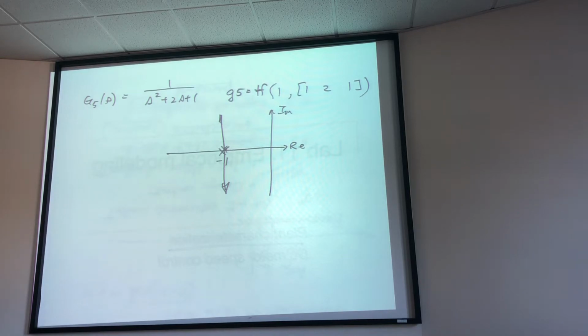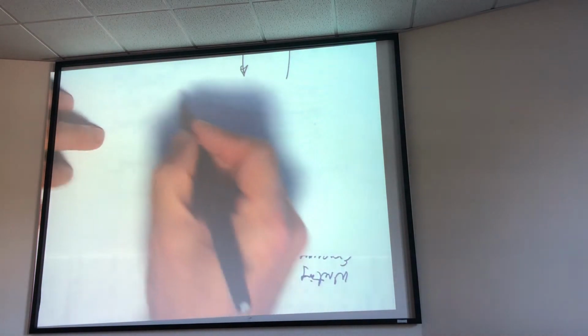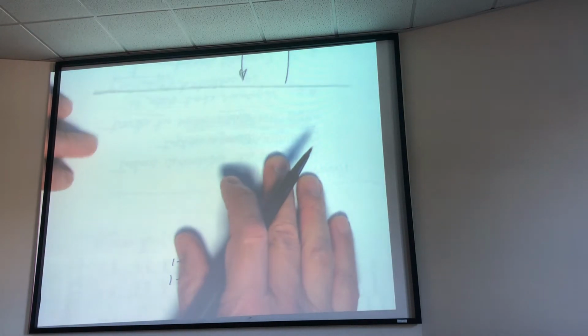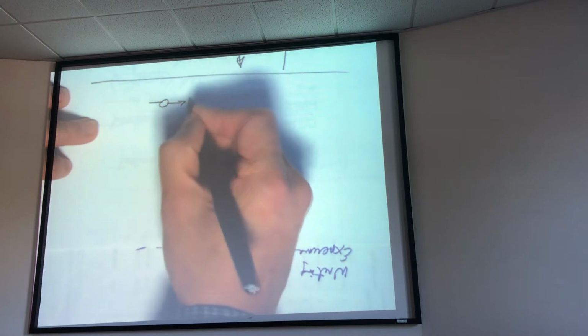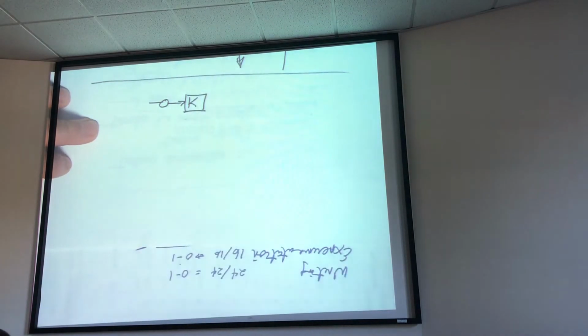All right. Let's pretend now that we're going to add a control. We're going to make our system a little bit more complicated. We're going to do this control system now. We still have 1 parameter that's adjusted, k.